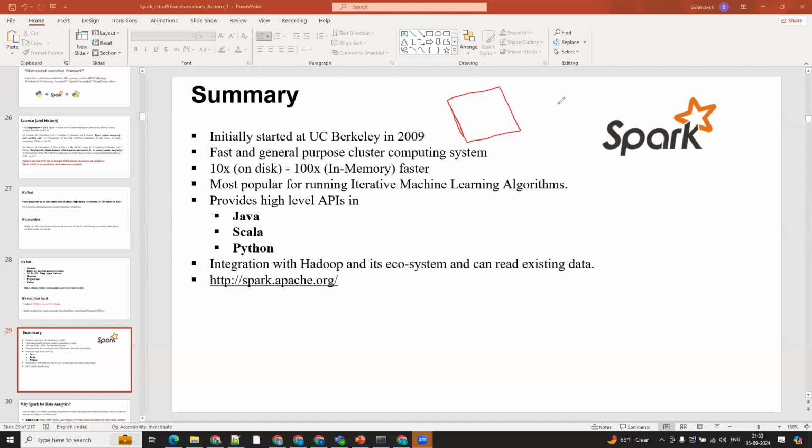It has gone away. After 2015, I don't think people were using MapReduce programming. They completely shifted to Spark because of all these features. Post 2015.